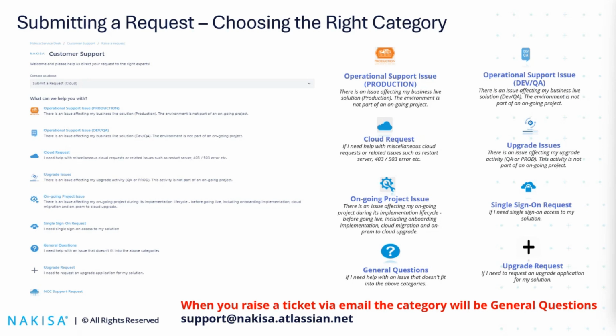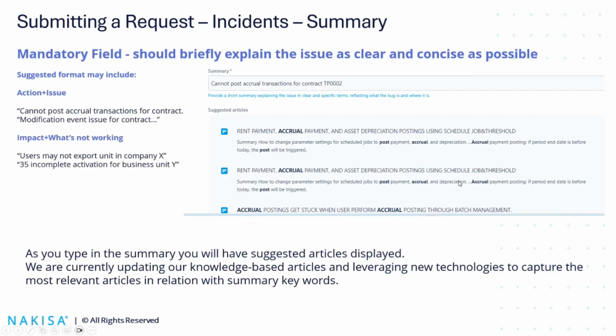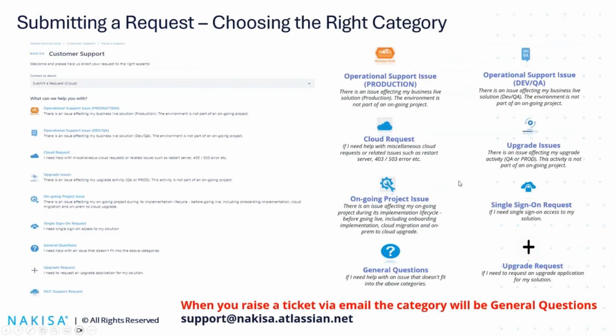So let's proceed. Oh, I'm jumping too fast. Once you decide on the category, and today we're going to concentrate on incidents, specifically production, but it is a similar way for QA or other lower environment.